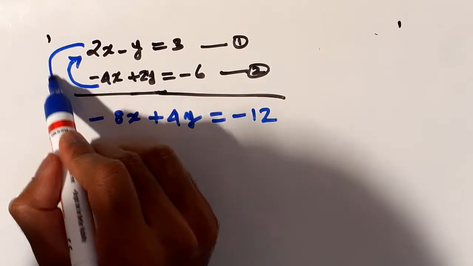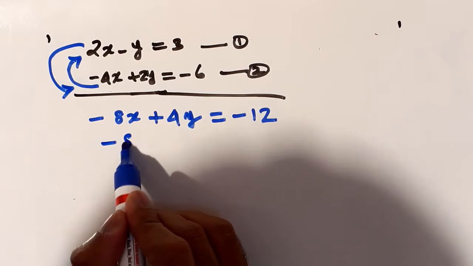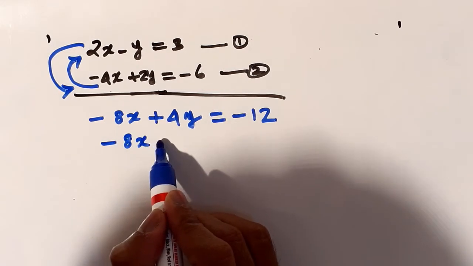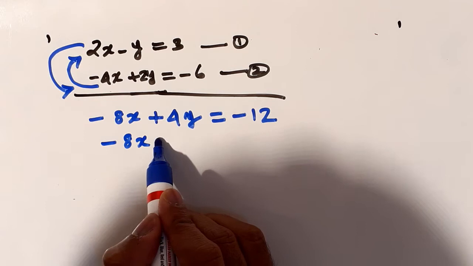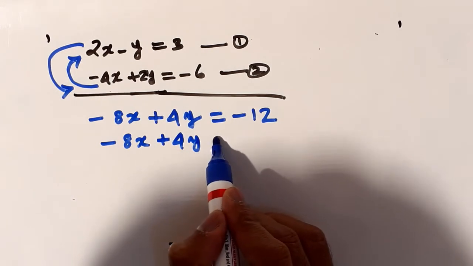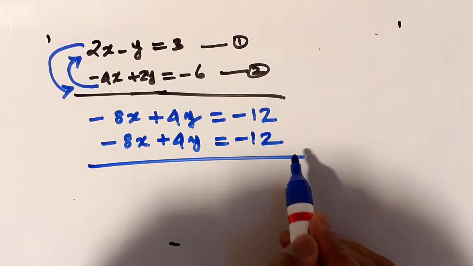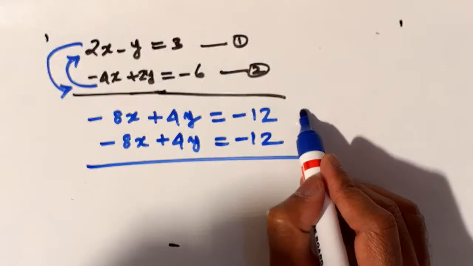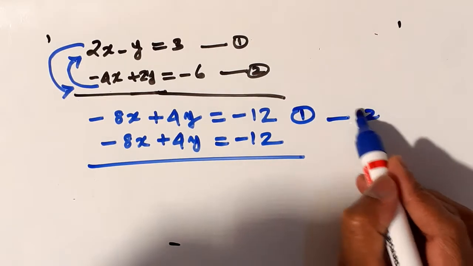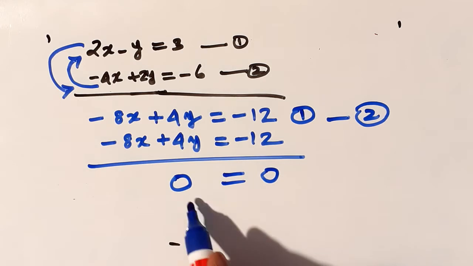Similarly, I am multiplying the second equation by minus 2. It will be minus 8x plus 4y equal to minus 12. Now if I subtract equation 1 minus equation 2, I will get 0 equal to 0.